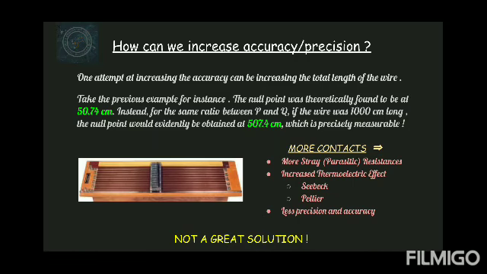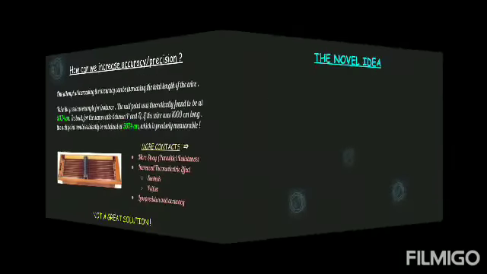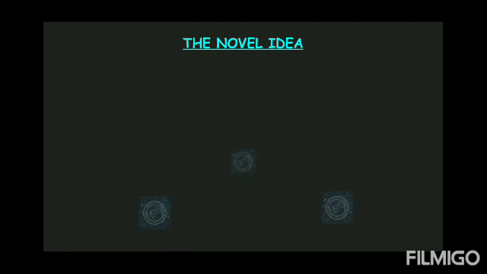So we really need that method. And let's think in this way, that increasing the length was a very good way of doing it, but we cannot because of several problems that I already talked about. Anyway, we can think in that line, right? So let's see what's the big idea.